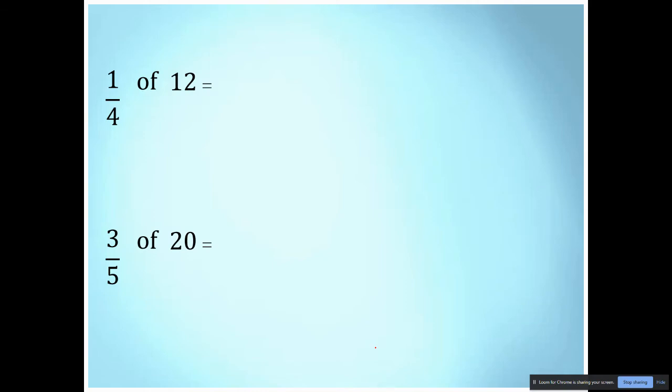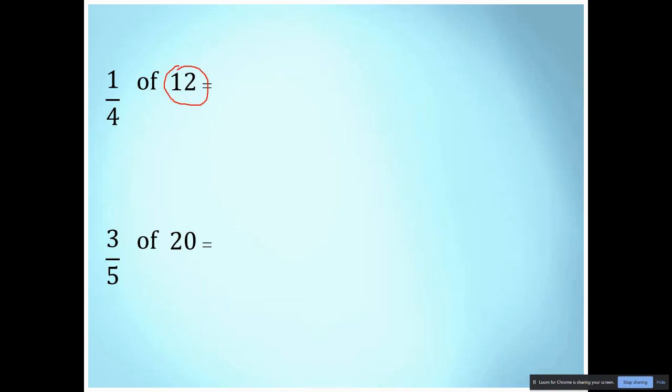We already had this in our previous lesson, but I'm going to review this first before we proceed to the next problem. Okay, how to find the fraction of a whole, or in ratio, we do the same. Ratio of a whole. Let's say 1/4 of 12.